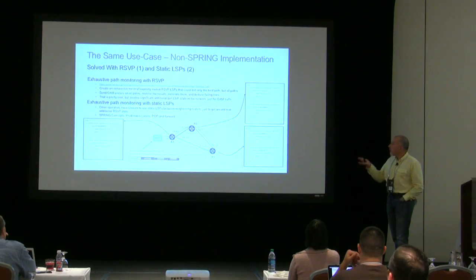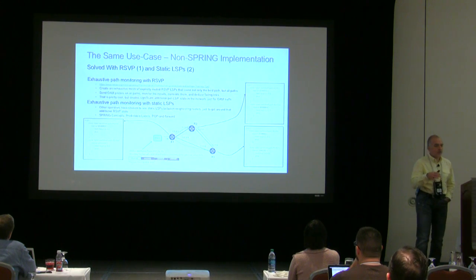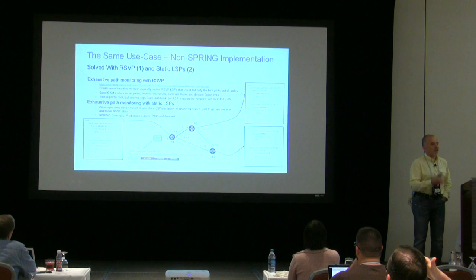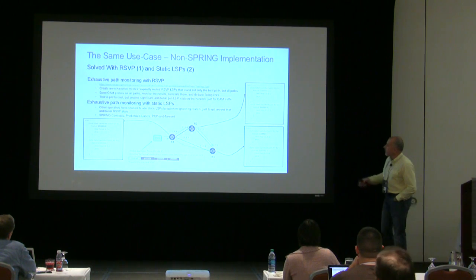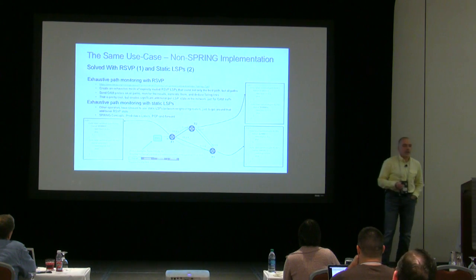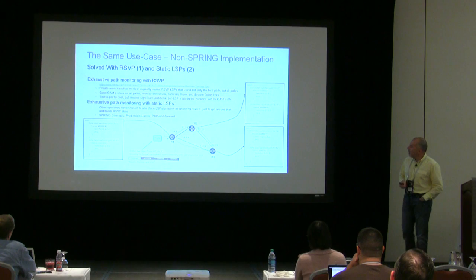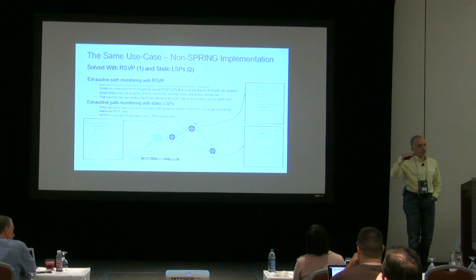Other customers have taken that idea and actually implemented the same thing with static LSPs, which takes care of that problem of creating that extra RSVP state in the network. So what they've done is they've done constructs like this in their routers. The key here is knowing the predictable labels.